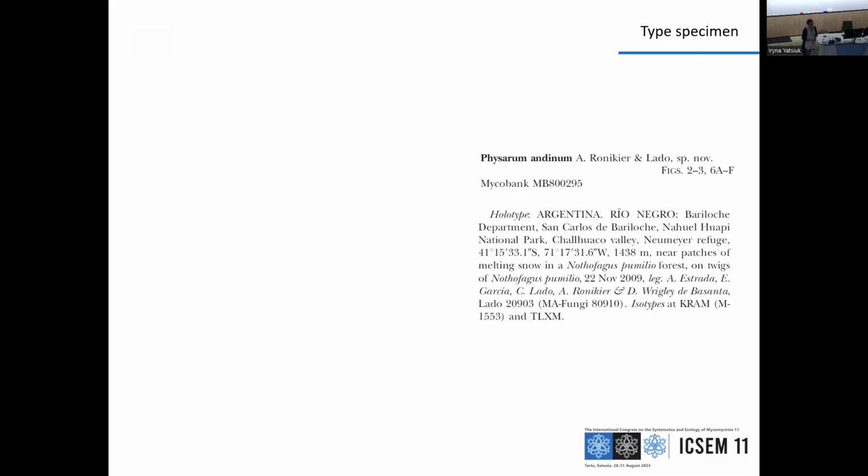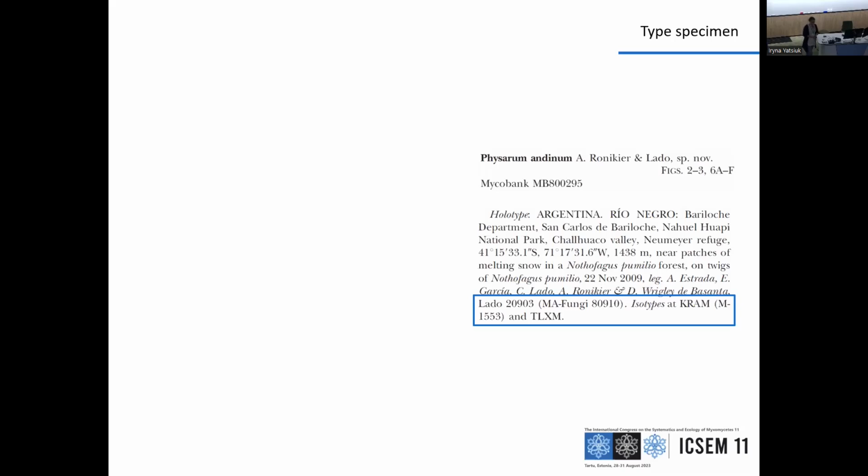In the case of this Physarum andinum, which we described together with Carlos Lado a few years ago, you can see that the holotype is deposited in MA-Fungi with a number of the herbarium collection, and the isotype, which is a part of the holotype, is deposited at KRAM, which is our herbarium in Krakow. By the way, Physarum andinum has now been transferred to the genus Craterium by Carlos Lado's team, so now it is called Craterium andinum.